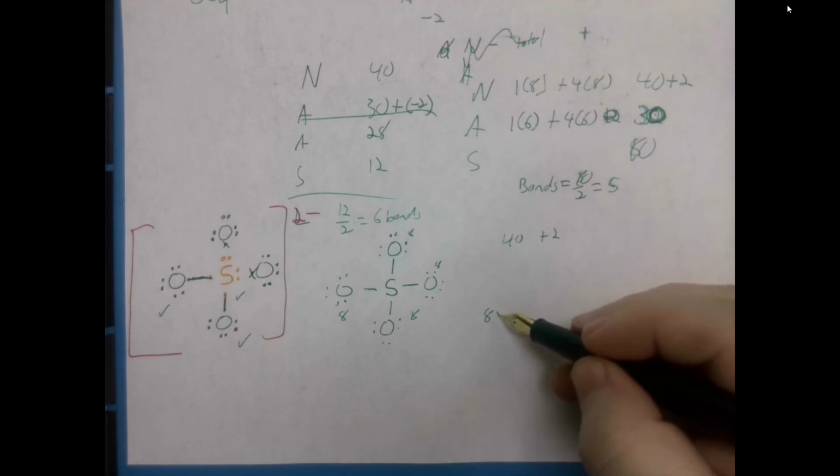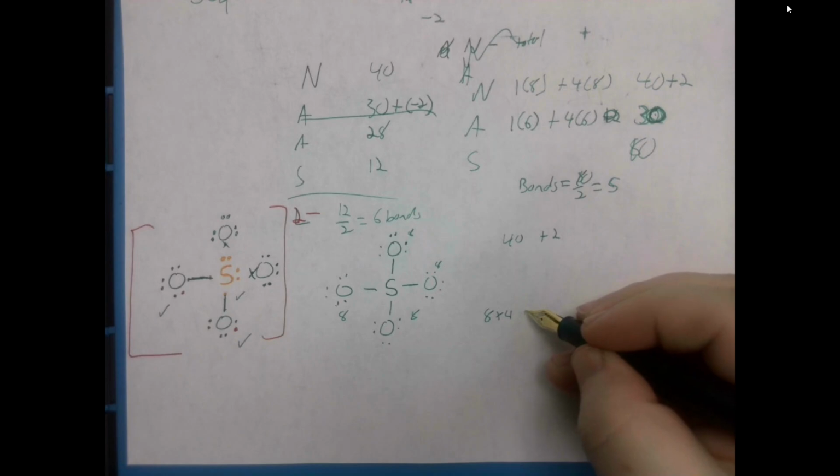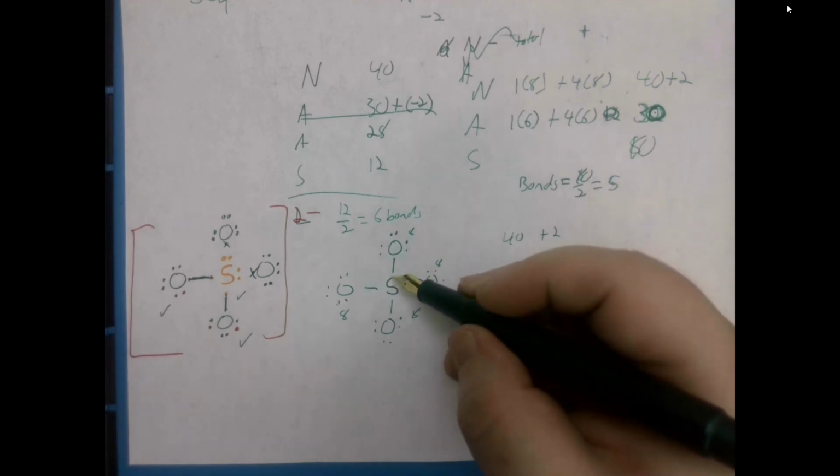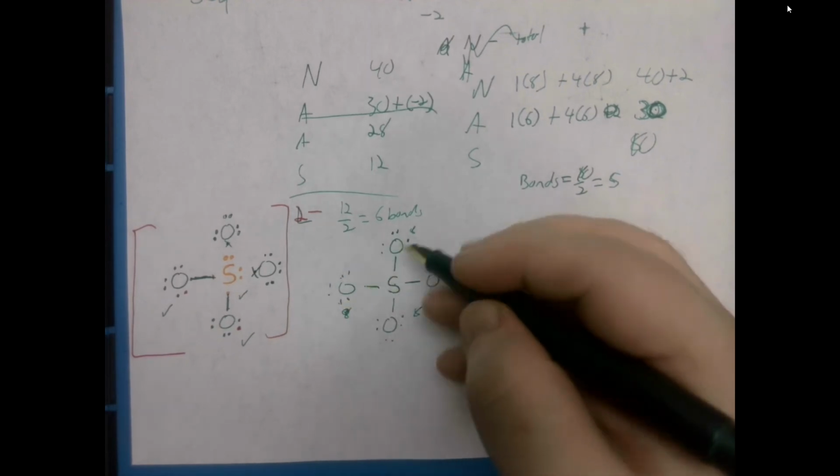What is 8 times 4? And then this has 1, 2, 3, 4, 5, 6, 7, 8.